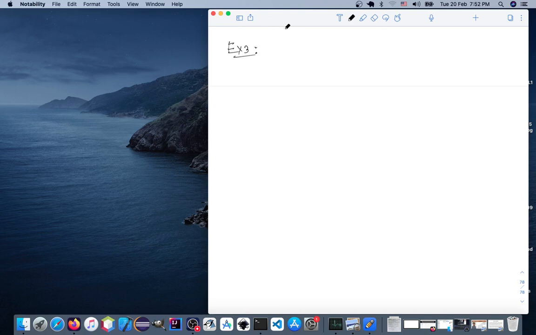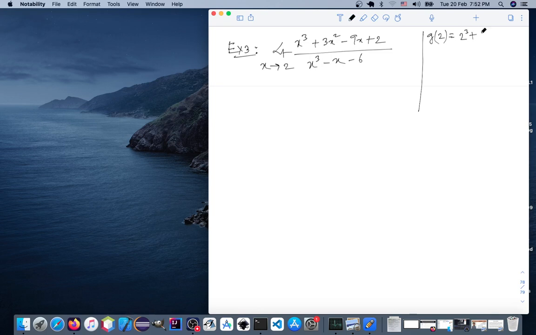The next problem is limit x tending to 2 of x cube plus 3x square minus 9x plus 2 divided by x cube minus x minus 6. So we see g(2) equals 2 cube plus 3 into 2 square minus 18 plus 2.